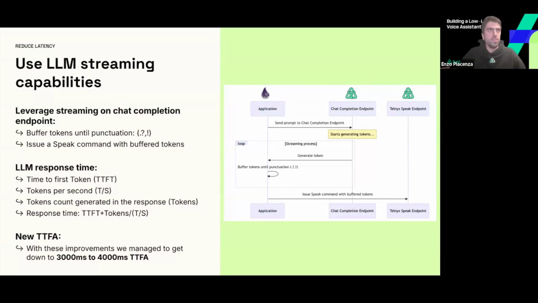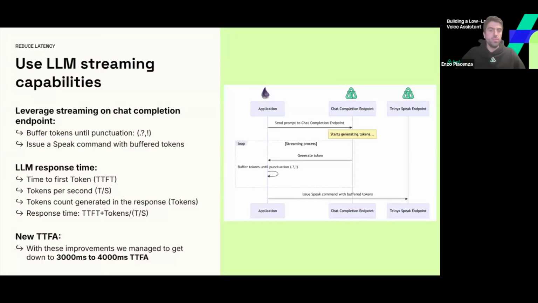To overcome that, we leverage the streaming capability of the LLM, which allows you to get token by token responses. We buffer these tokens on our side until there is some kind of punctuation, and we issue a speak command as soon as we have enough buffered tokens.